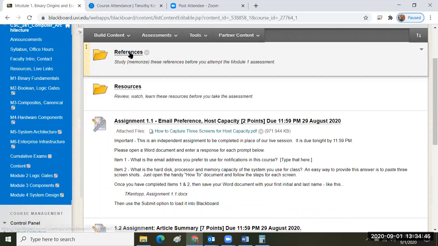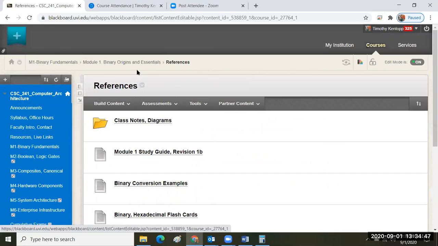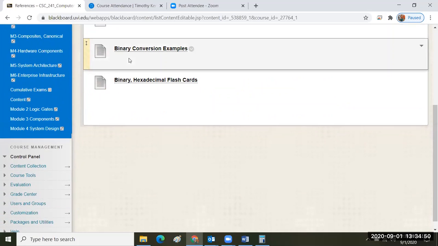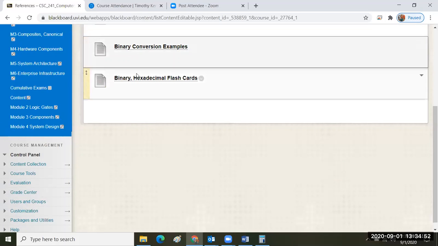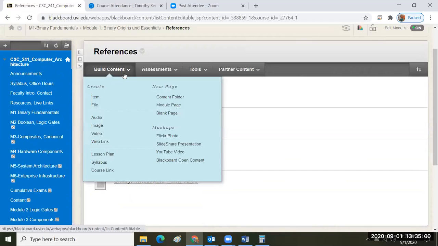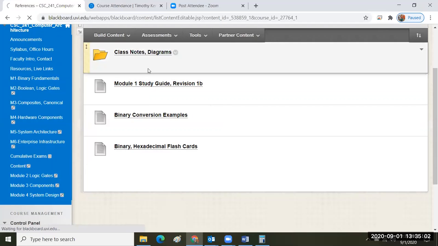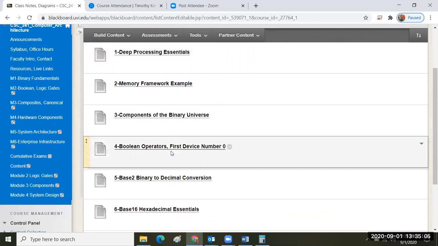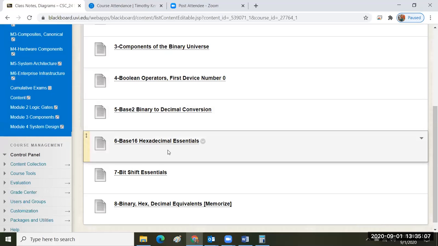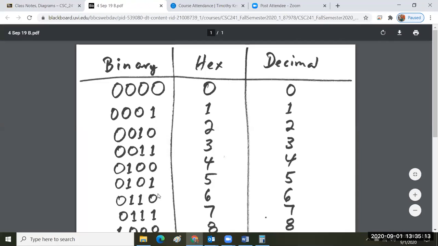So let's look at the references, right? One of the things I wanted you to memorize was binary, hexadecimal, and decimal numbers, right? And inside here, when we're dealing with computer architecture, we have to think in different number bases.